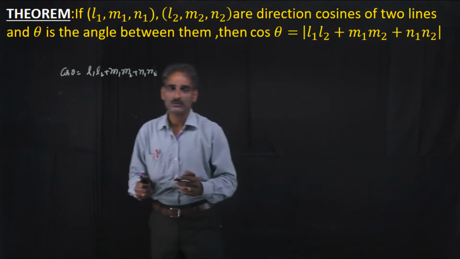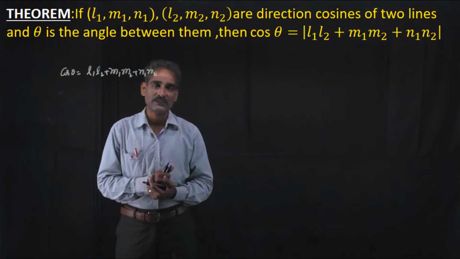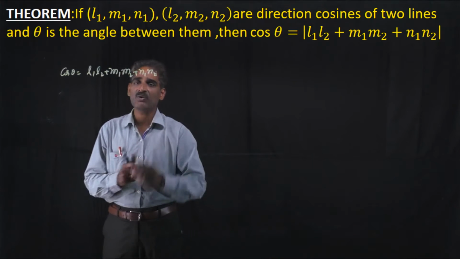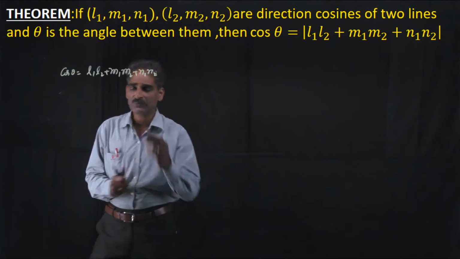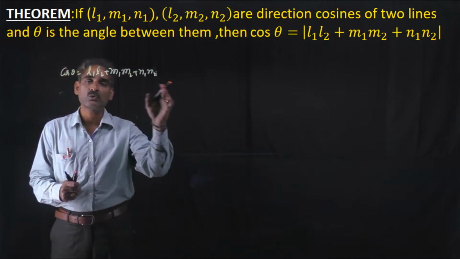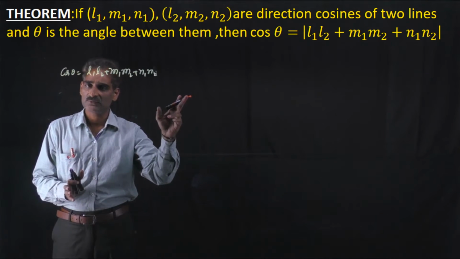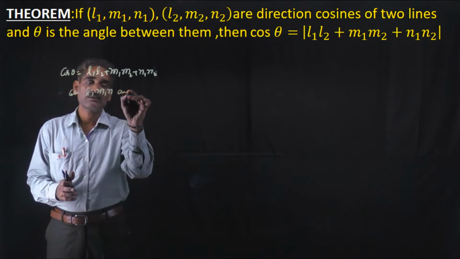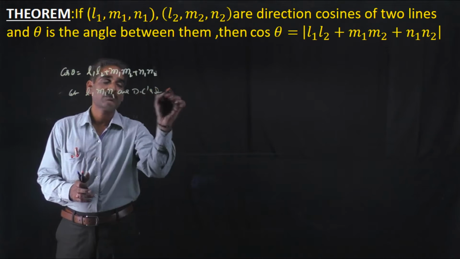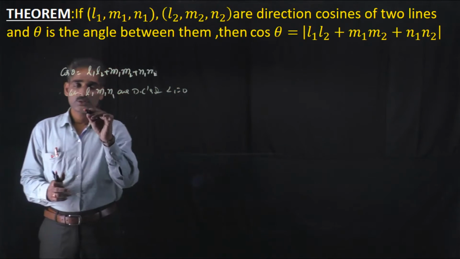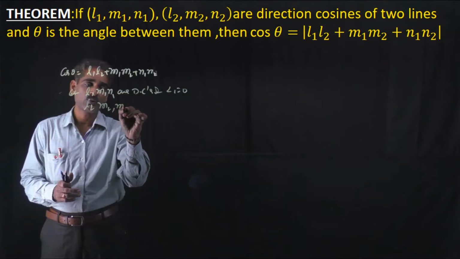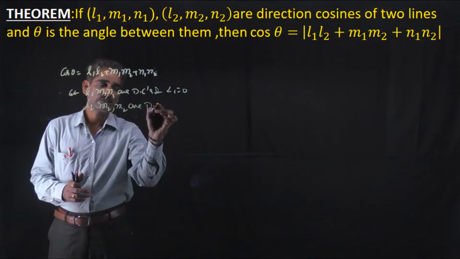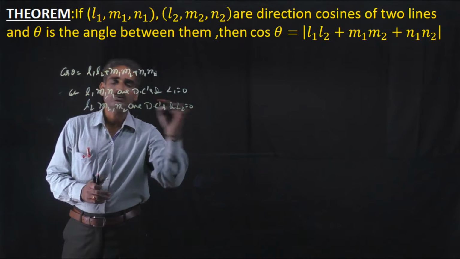If suppose DRs are given, how can we find the angle? So we know the relation between DRs and DCs. Here L1, M1, N1 are the DCs of a line. Suppose L1, M1, N1 are the DCs of the line L1 equal to 0, and L2, M2, N2 are the DCs of the line L2 equal to 0.